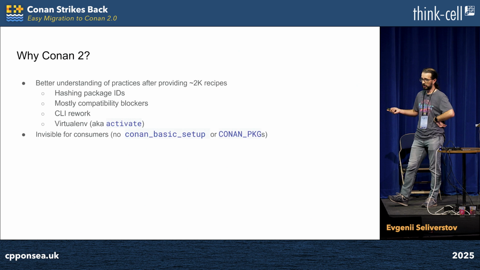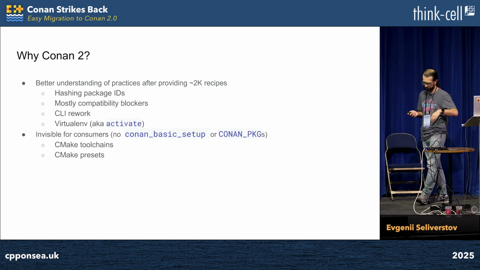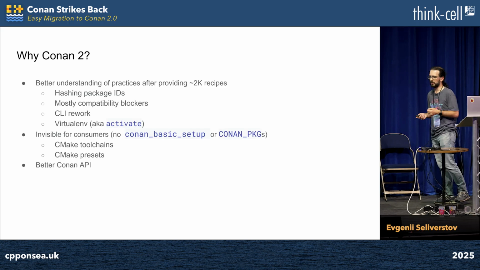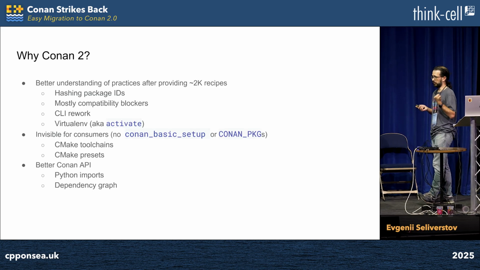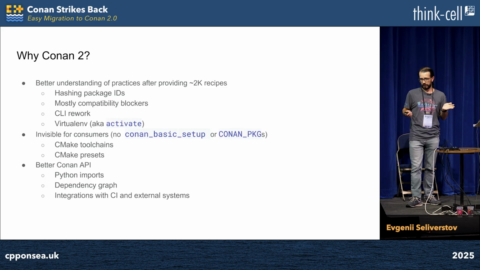Conan 2 also allows us to drop the Conan basic stuff and Conan packages. It also allows us to introduce CMake toolchains and integration with modern IDEs, and it provides a better API to expose the dependency graph to consumers.